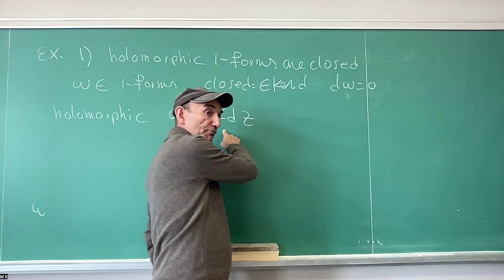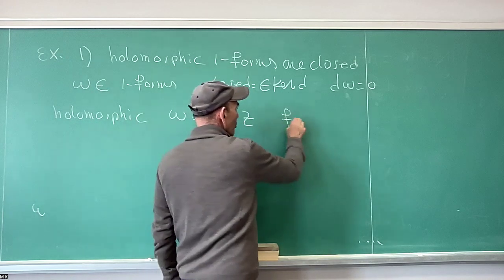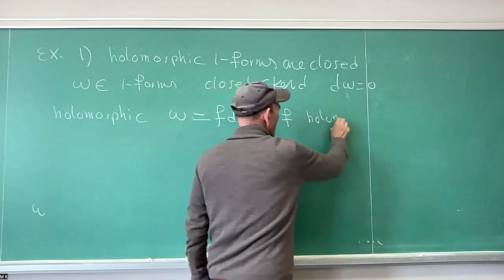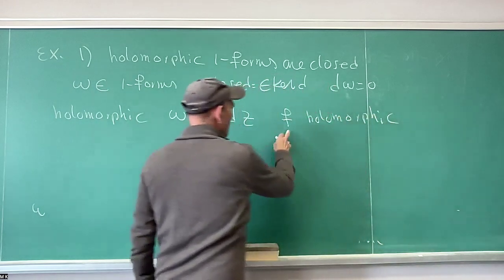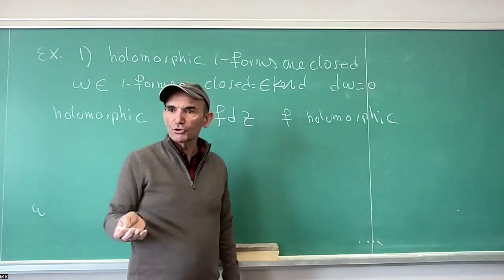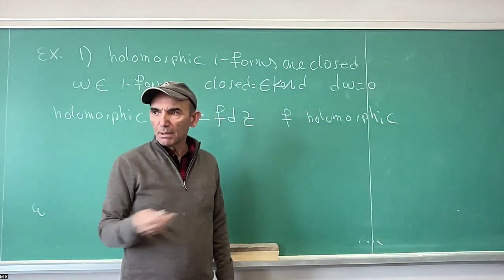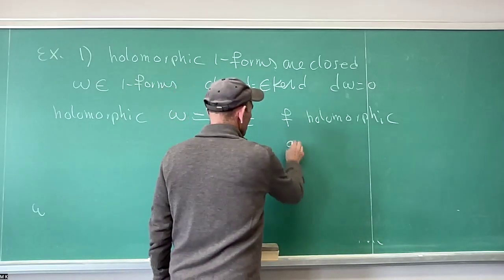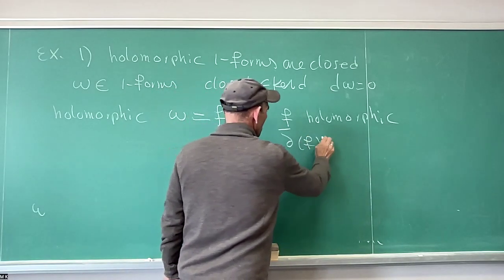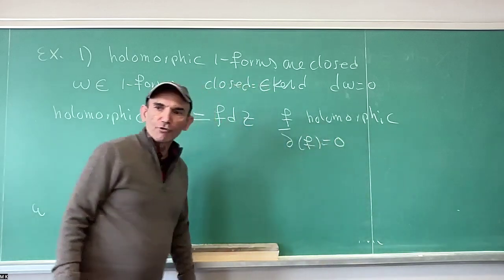That was our definition of a holomorphic one form, f holomorphic. So what does f holomorphic mean in terms of the Cauchy-Riemann equations? It means that del bar of f is equal to 0, right? That's the definition of holomorphic.